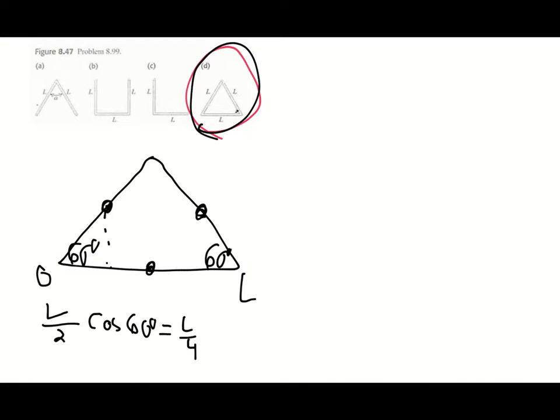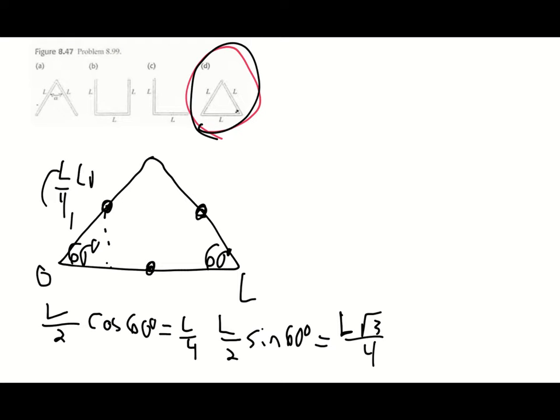And then the other one is going to be L over 2 sine of 60, and that's √3 over 2. So it's going to be L times √3 over 4. So the coordinates of this are going to be L over 4, L times √3 over 4. And the coordinates of this point are going to be 3/4 L, because we got to subtract it from the other side, and L √3 over 4.